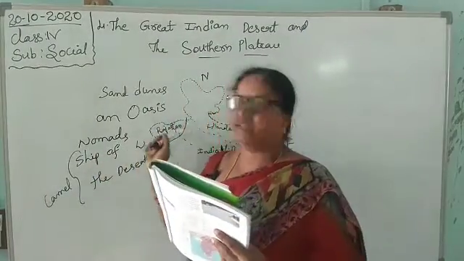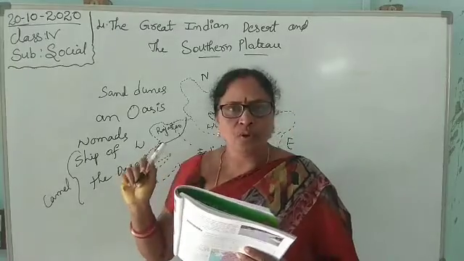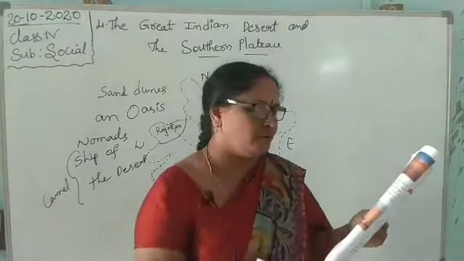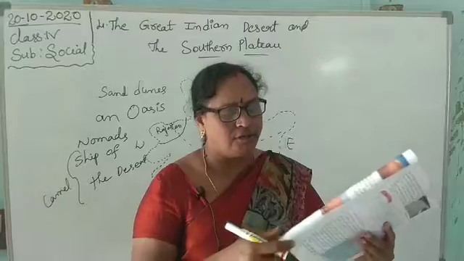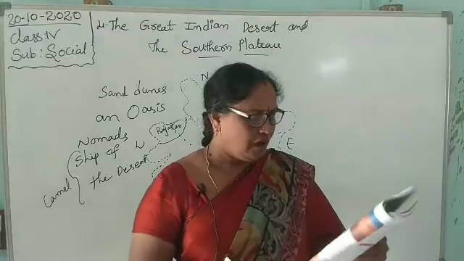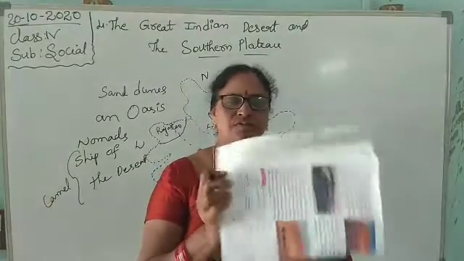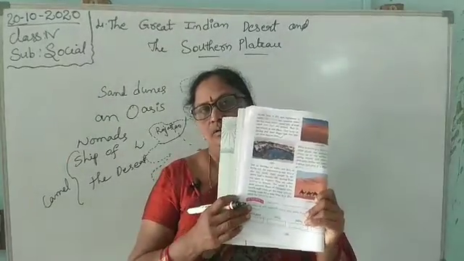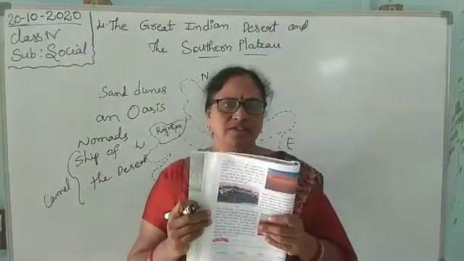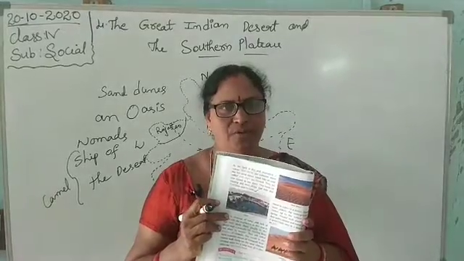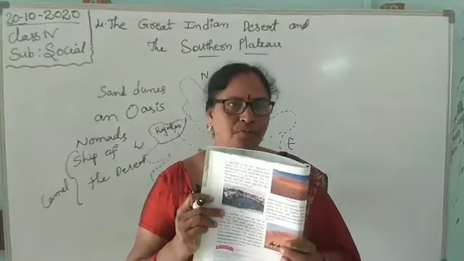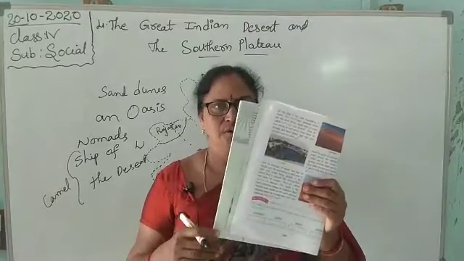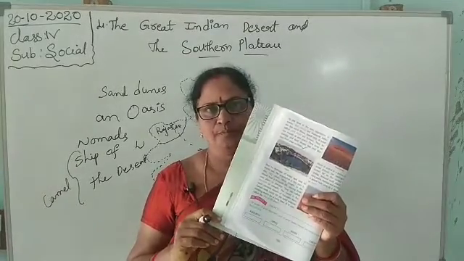The Great Indian Desert is in Rajasthan, and the names of the cities in it are given. The names are jumbled here. Write them correctly. If you have the textbook, it is easy to find. Better to purchase textbooks to understand better.